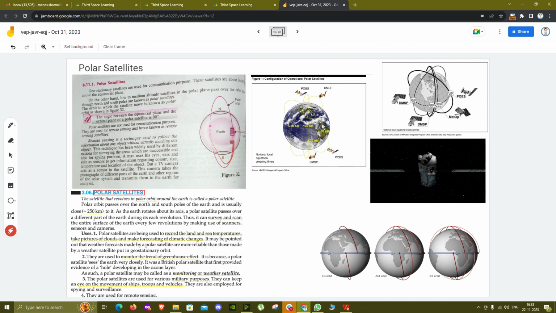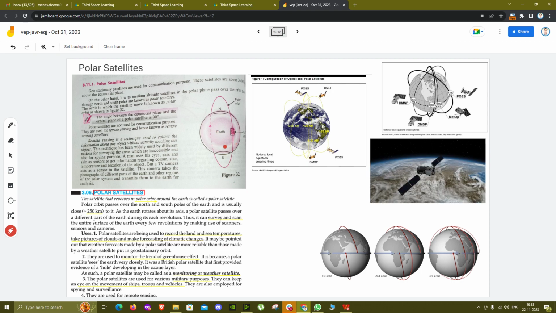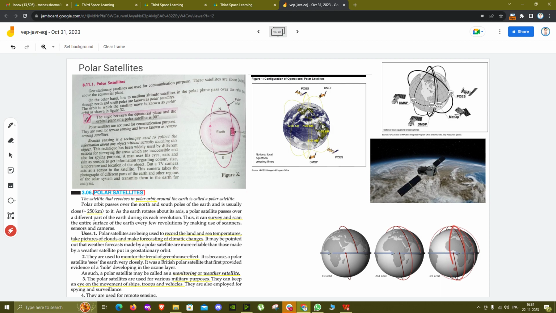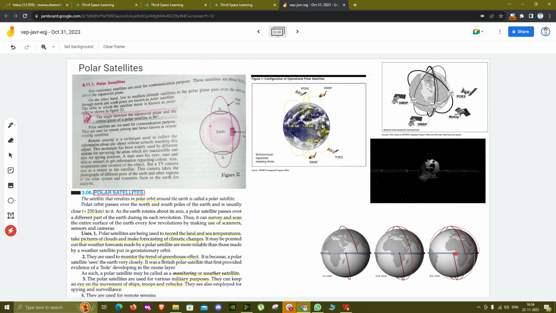So maybe in the night, if it comes back, a different country will be in front of the polar satellite. In a way, a polar satellite can look at many parts of the Earth rather than just one part.